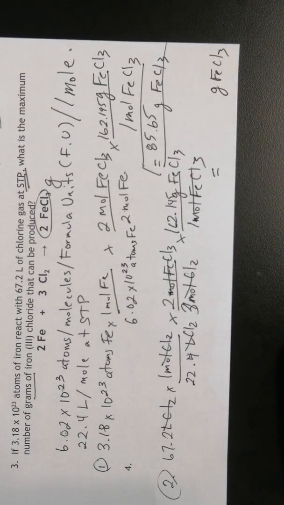Okay, so let's see. We've got 67.2 divided by 22.4, multiplied by 2, divided by 3, multiplied by 162.145.